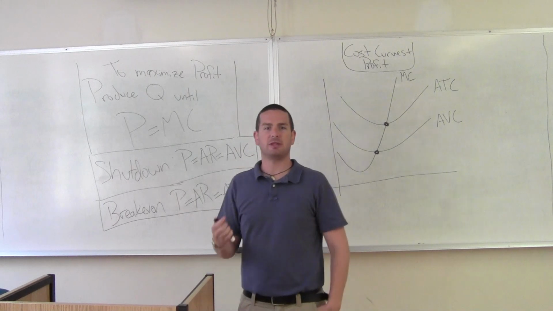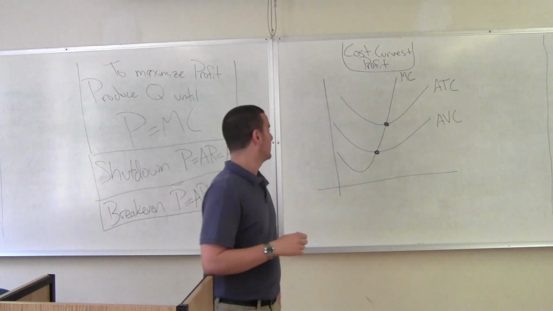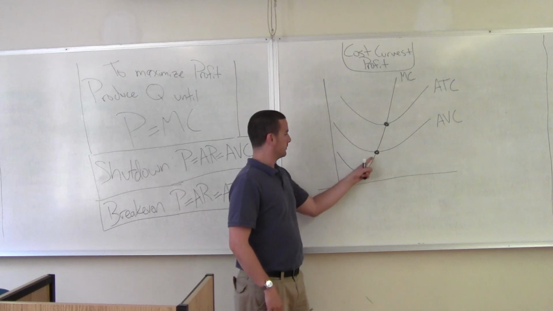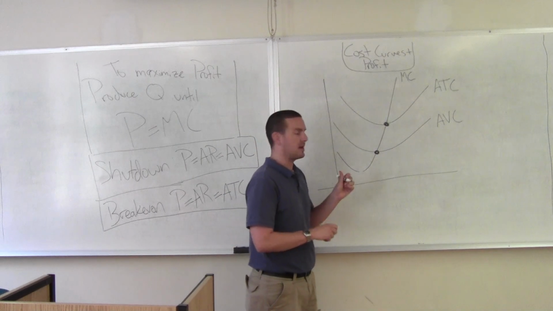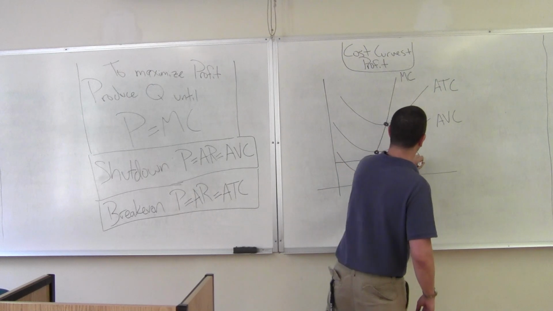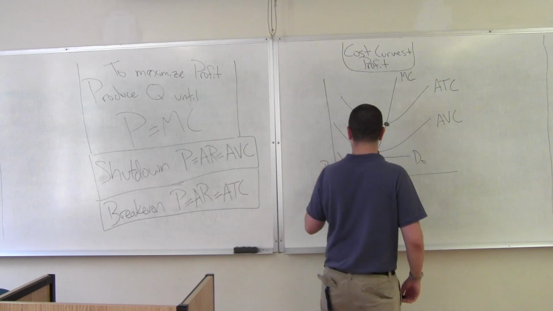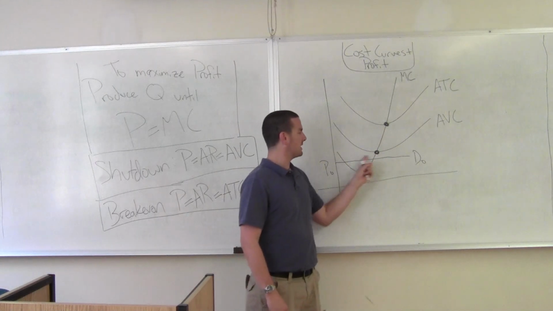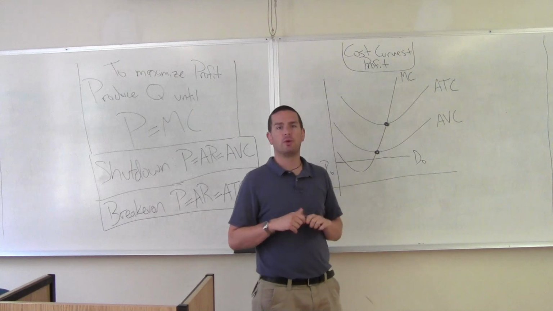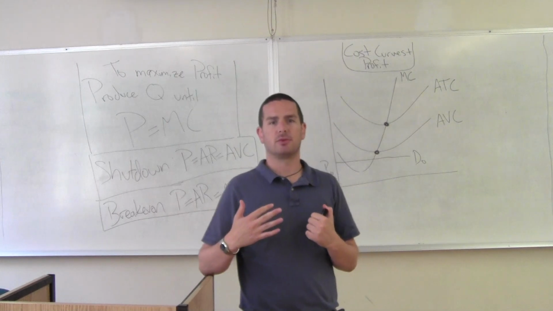So the price will be equal to marginal cost. Here though, let's say you had this price. At this price, you're below the shutdown point, so you won't produce there, okay?